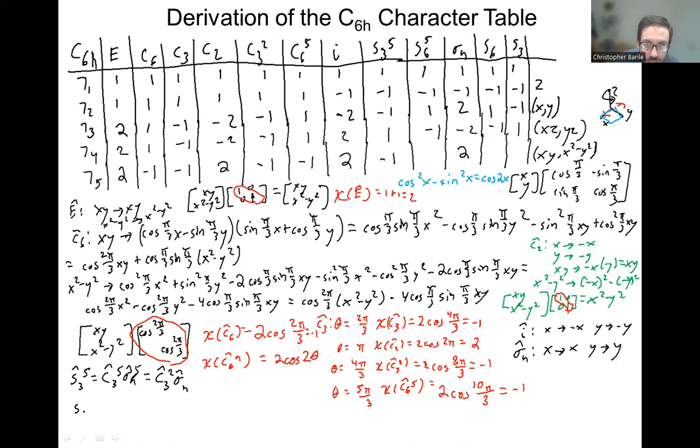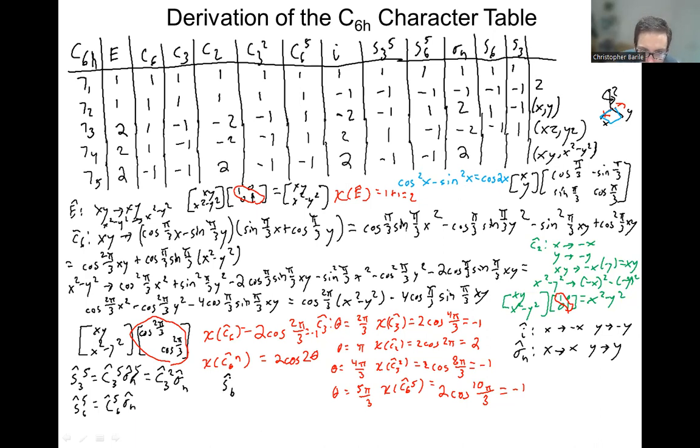What about S6 five times? That's equal to a C6 five times, followed by sigma h five times, which is equal to just a sigma h. And we know sigma h for x and y does nothing. So we're just going to get the same character as for C6 to the 5, which was negative 1.